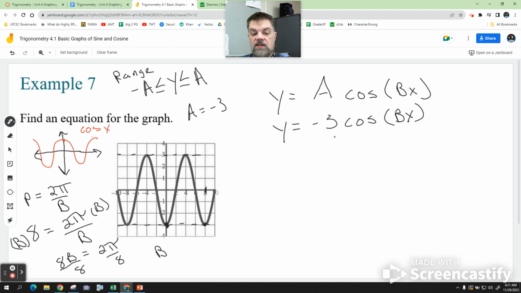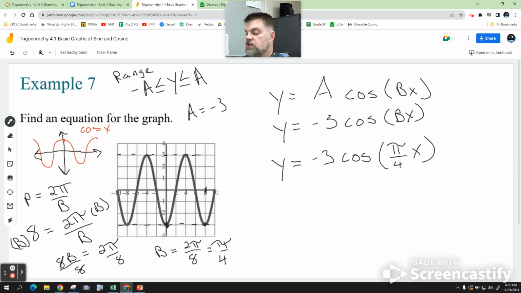So b is equal to 2 pi over 8, which reduces down to pi over 4. So then our equation is y equals negative 3 cosine pi over 4 times x.